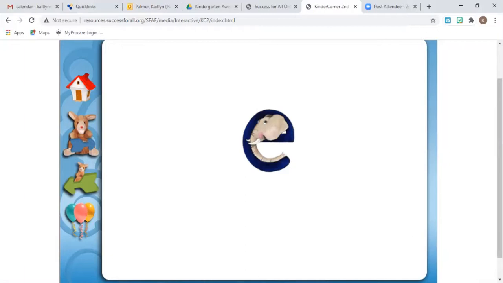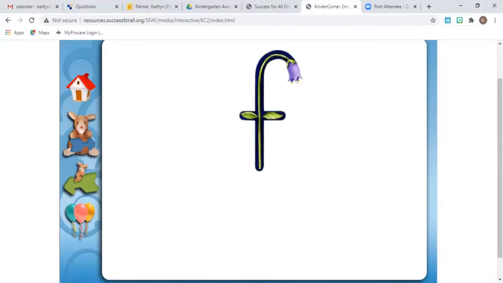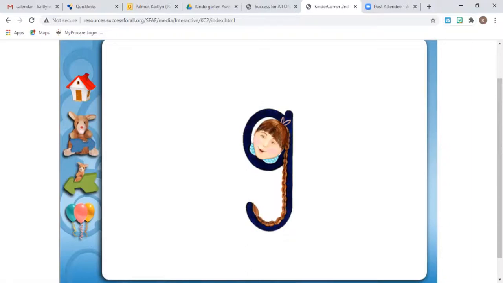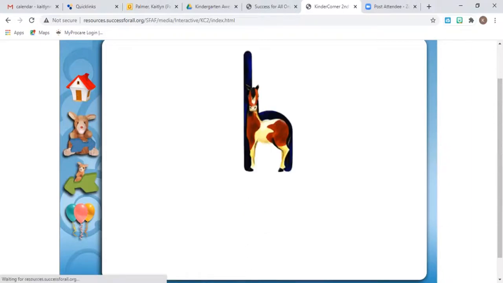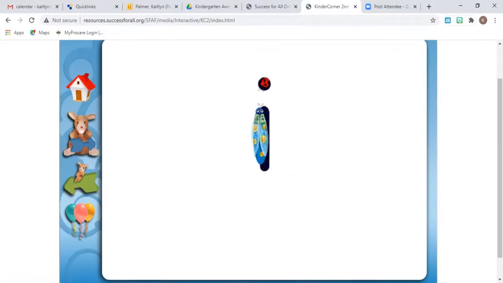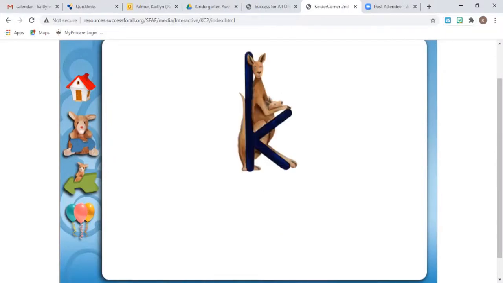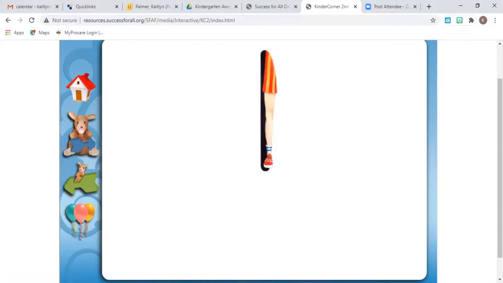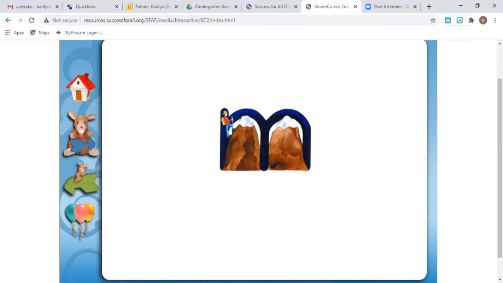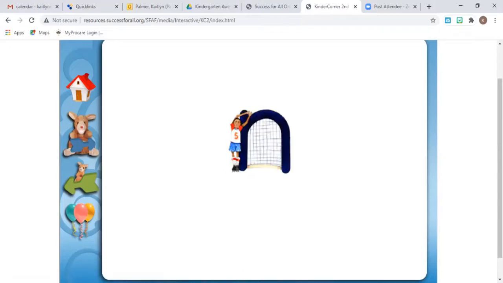E, elephant. F, flower. G, girl. H, horse. I, insect. J, jump. K, kangaroo. L, leg. M, mountain. N, net.